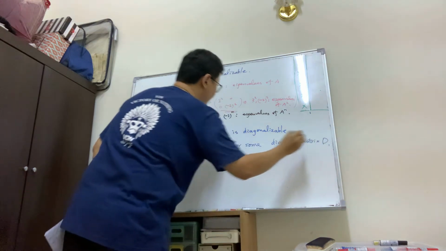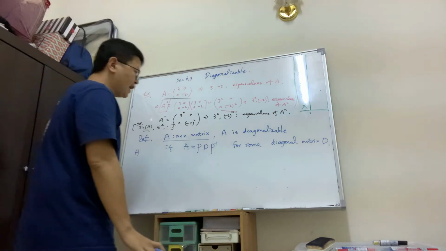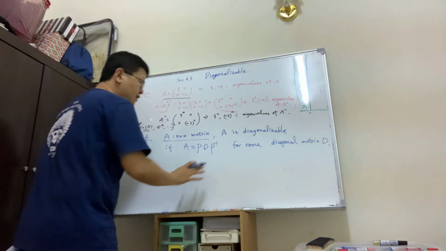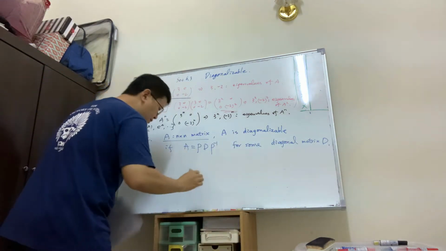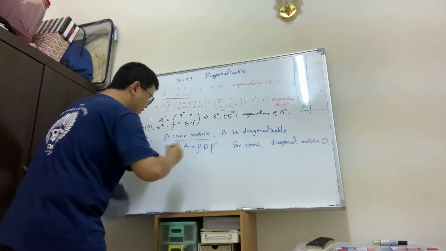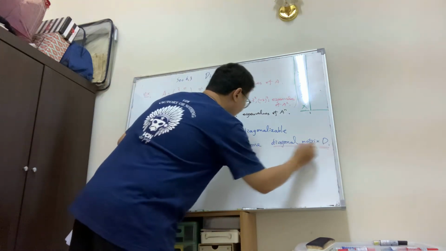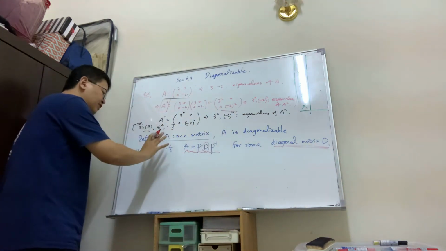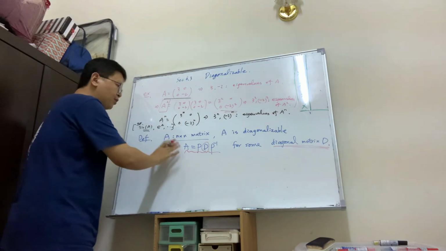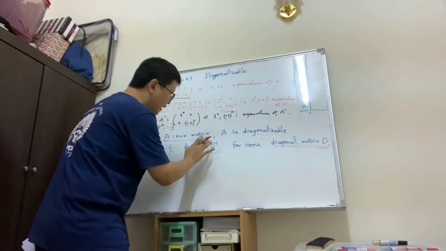Then it still has some similar nice results. What does it mean? If we say A equals P D P inverse, and here D is diagonal, then A is not diagonal, but it's equal to P times some diagonal matrix times P inverse.